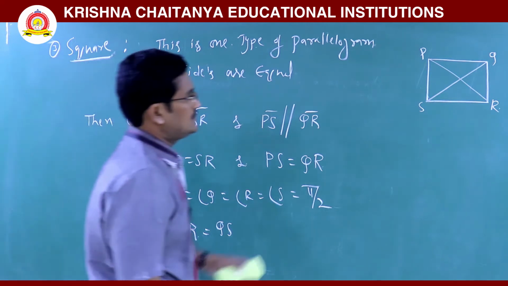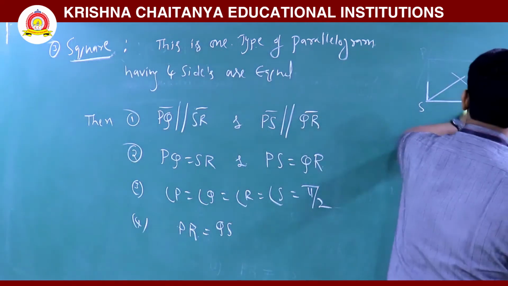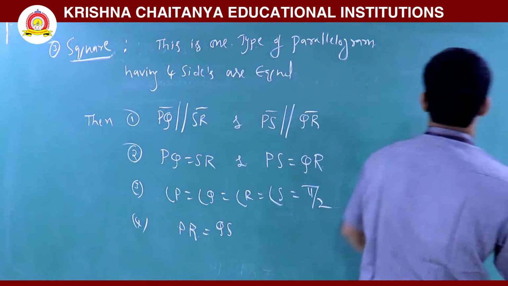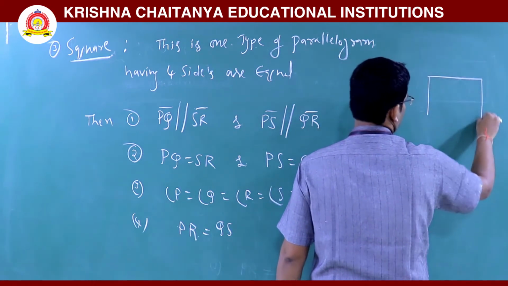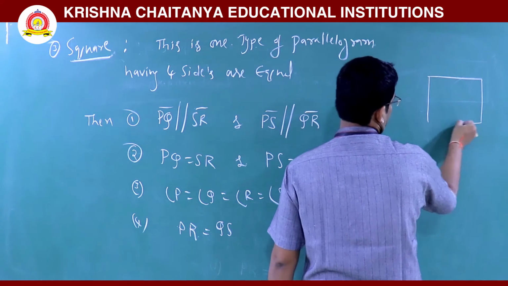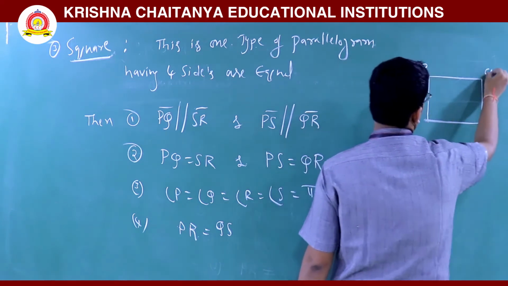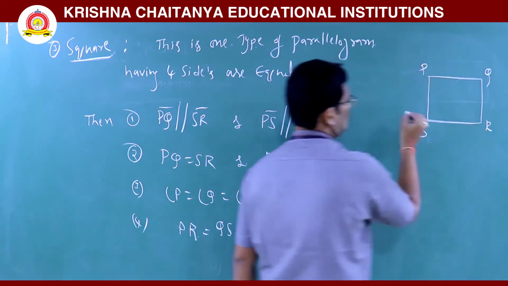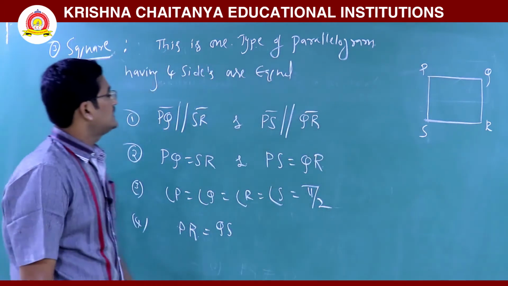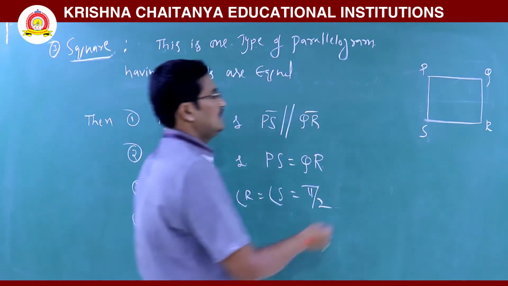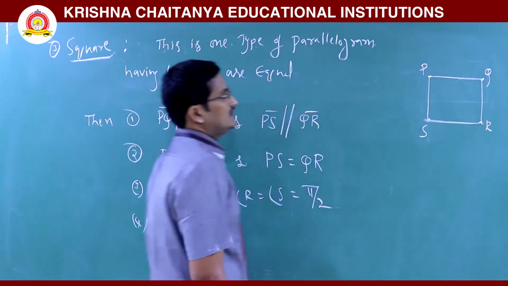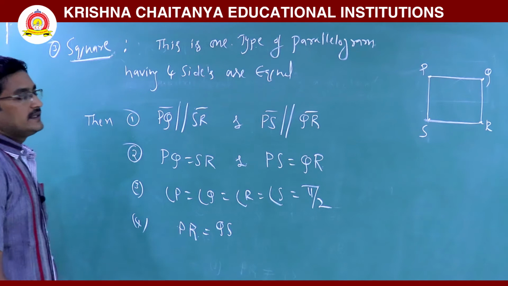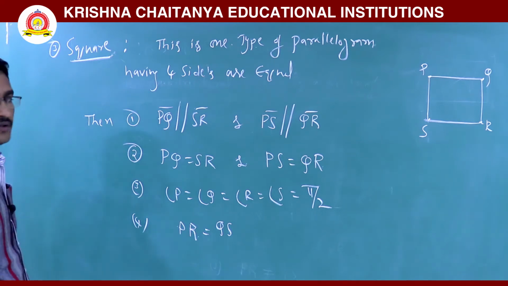Okay. Suppose the quadrilateral PQRS is said to be a square. How do we say, how do you explain this one is a square? What are the conditions followed by that quadrilateral PQRS? Now let me explain.